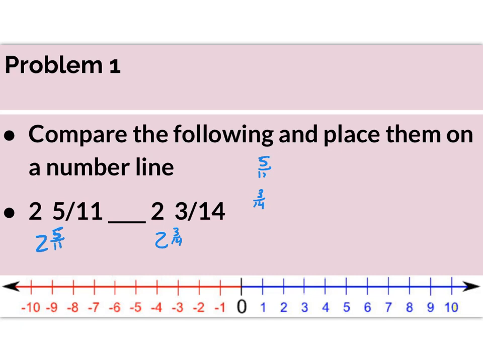Using the calculator here so it doesn't get all messy. I do want you to do these by hand, but I am going to do this for time's sake. Equals 0.45 repeating. And then 3 divided by 14 equals 0.214.